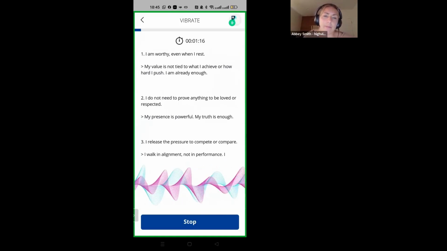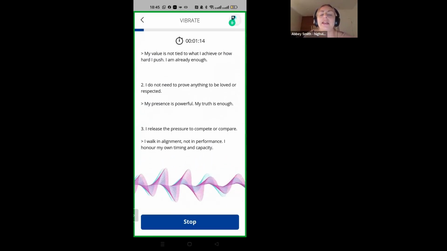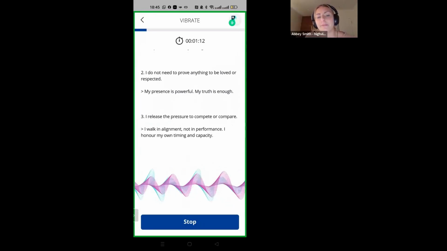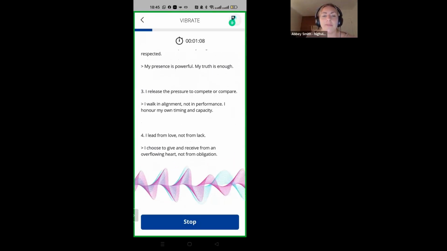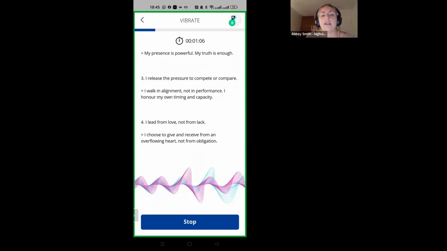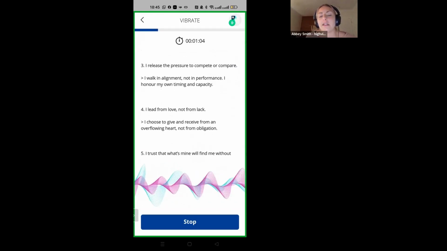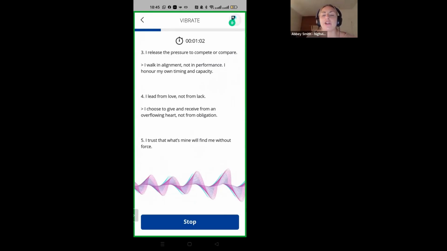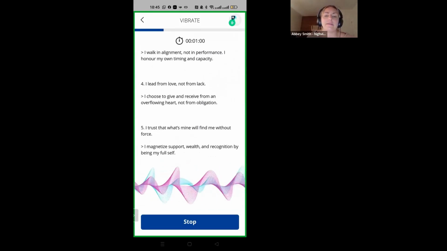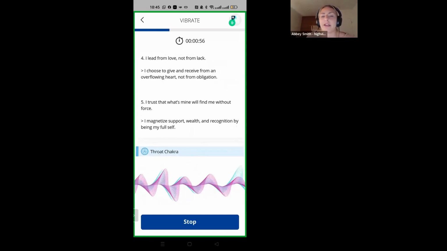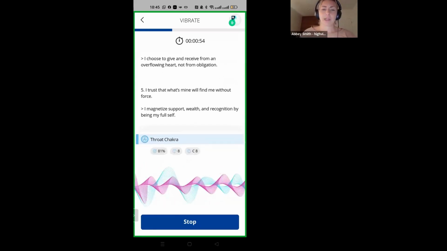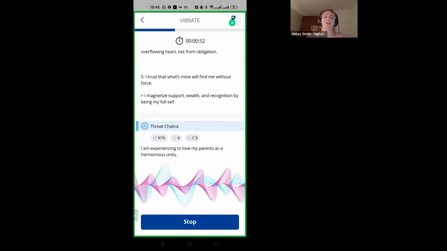Just breathe and let it be absorbed. And you can say, thank you, thank you, thank you. It is done. It is anchored. I now live in harmony with this grid of divine design. Take one more deep breath in. And when you're ready, you can slowly open your eyes.